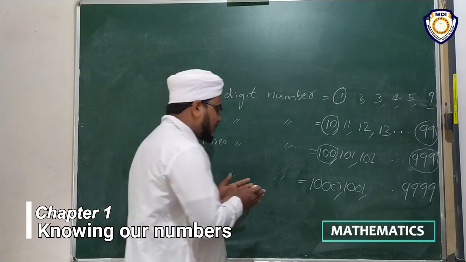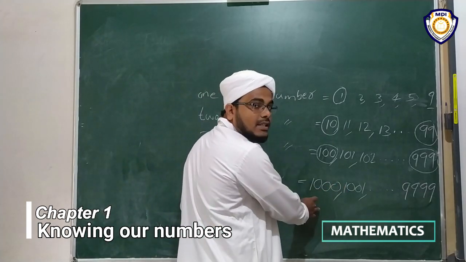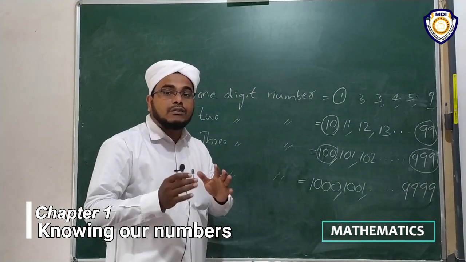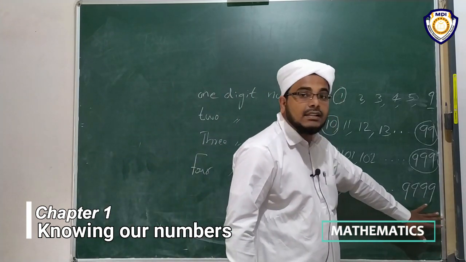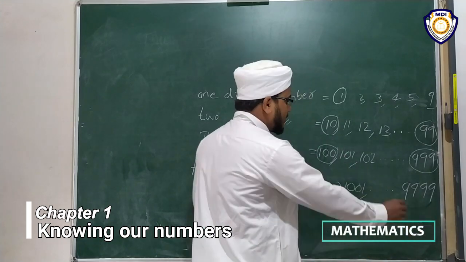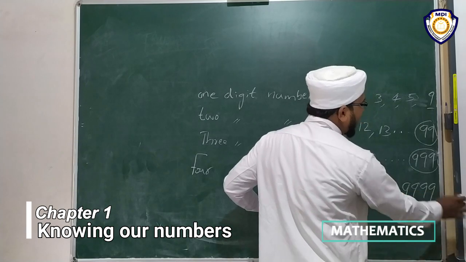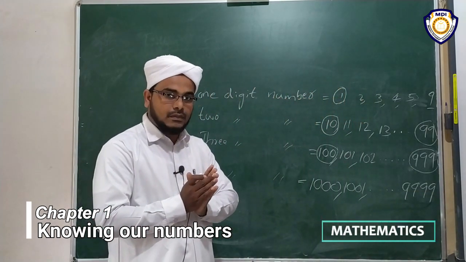Sure. This is the smallest 4-digit number. 1000 is the smallest 4-digit number. Which is the largest 4-digit number? Yes, sure. 9,999 is the largest 4-digit number.